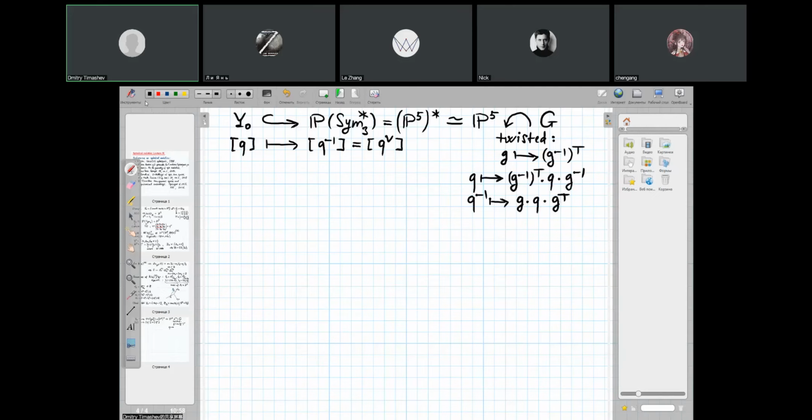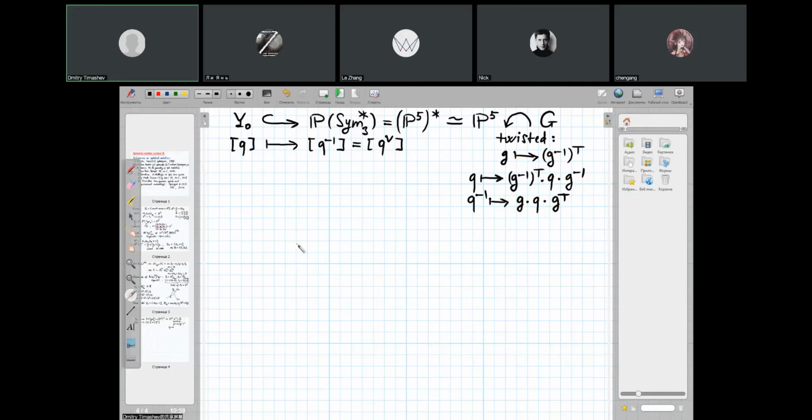So you may identify the dual space to this one, to the projectivization of the space of symmetric matrices, the initial one, but on which G acts not in this way, but in this way. So the action of G is twisted by this automorphism.